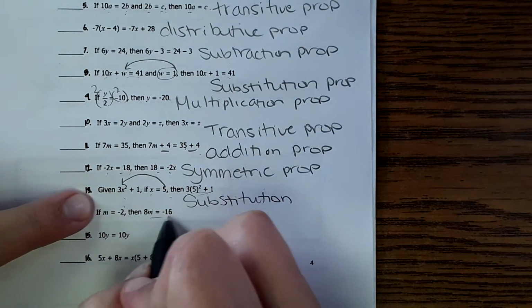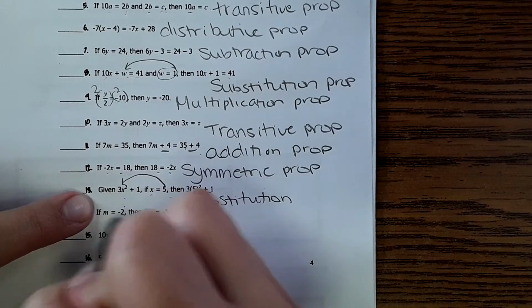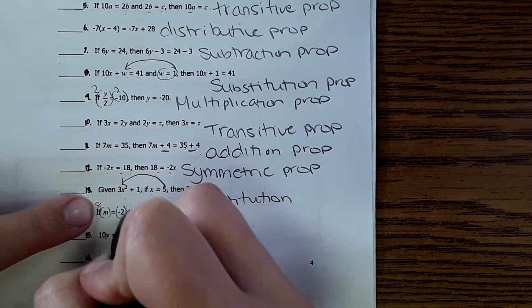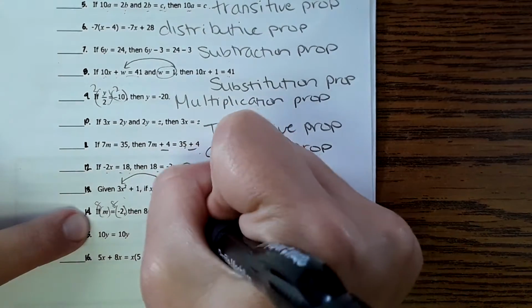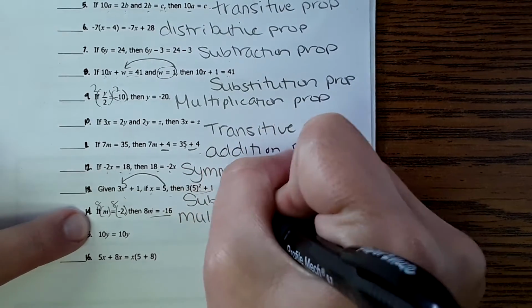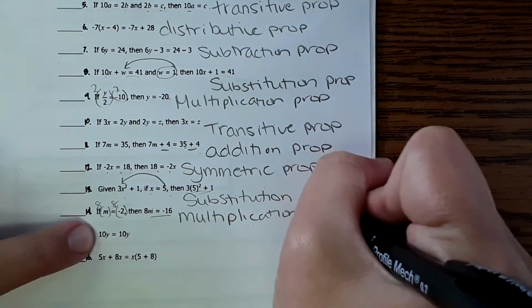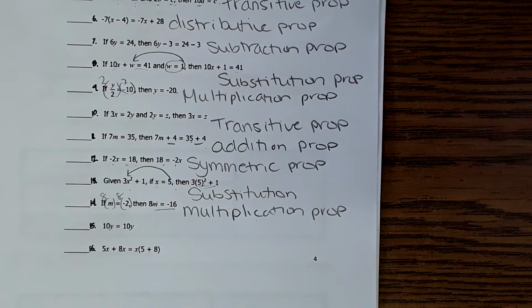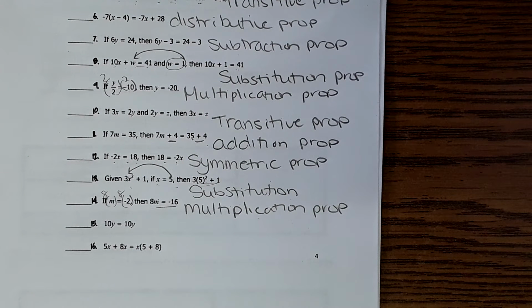So in order to get this equation, they would have to multiply both sides by 8. So this would be multiplication property. Then 15, do you remember what that one is? Not symmetric, what is it? Reflexive, good job.